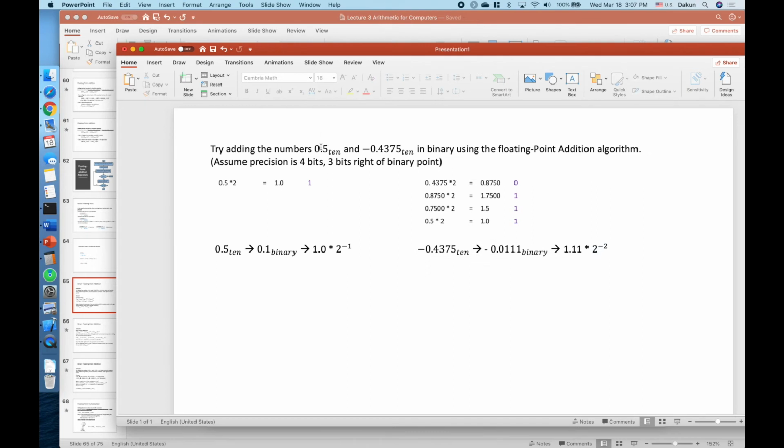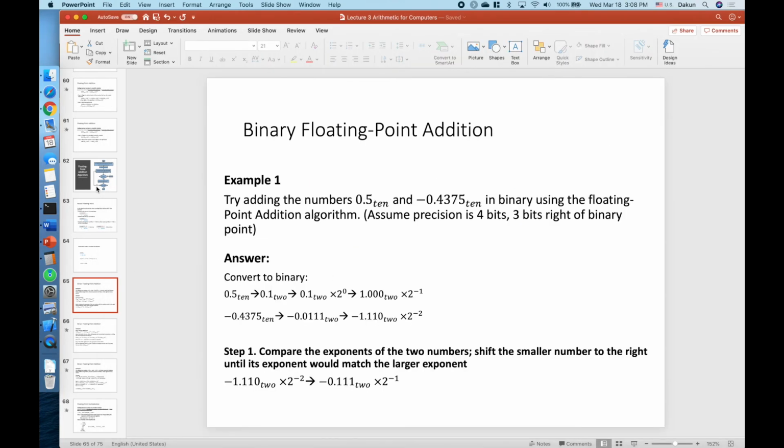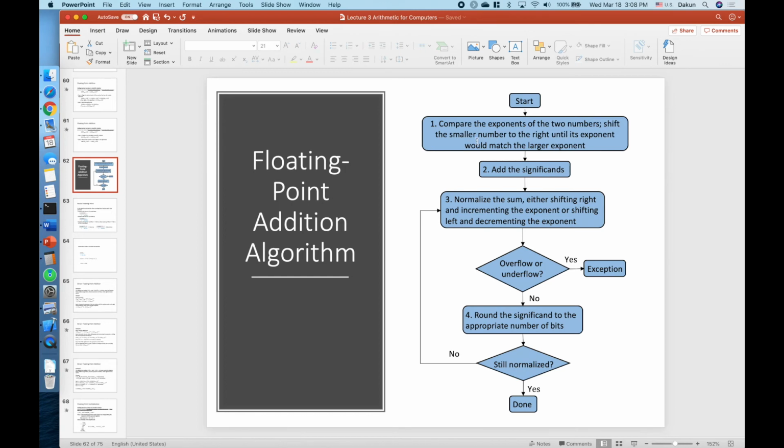After we translate those two decimal numbers into binary numbers in scientific notation, we can do the floating point addition. So the first step is to compare the exponents of those two numbers and shift the smaller number to the right until its exponent matches the larger exponent.